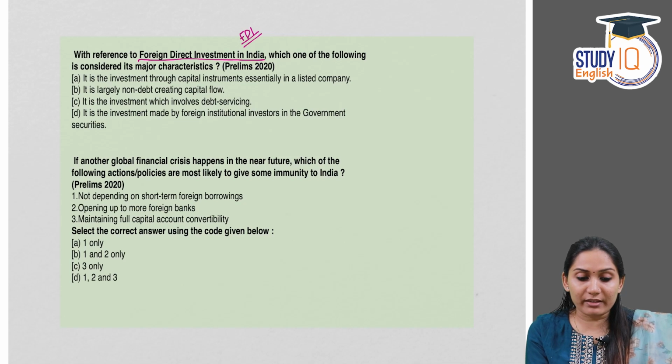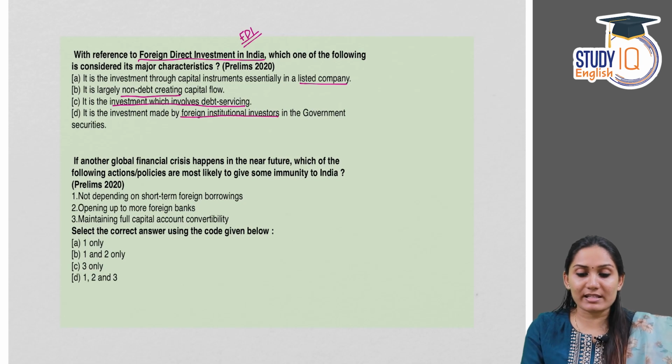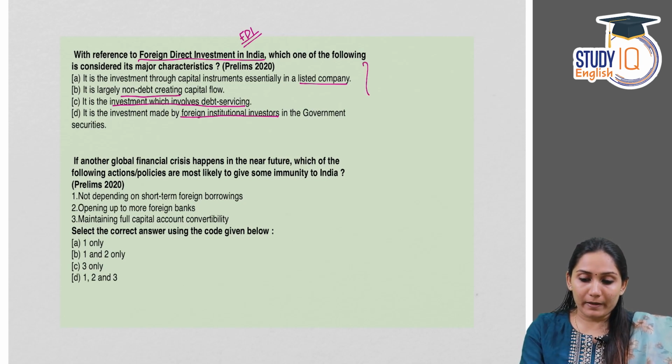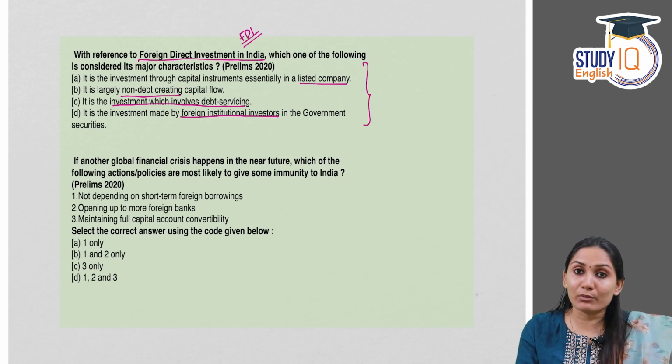Four options are given. First, it is the investment through capital instruments, essentially in a listed company. Second, it is largely non-debt creating capital flow. Third, it is the investment which involves debt servicing. Fourth, it is the investment made by foreign institutional investors in government securities. It's a very easy question, so you have to find out the answer.